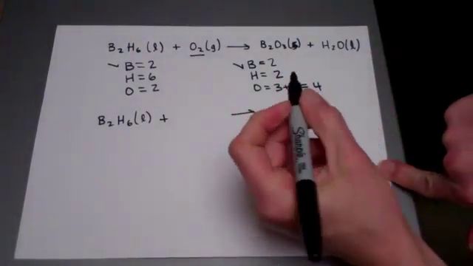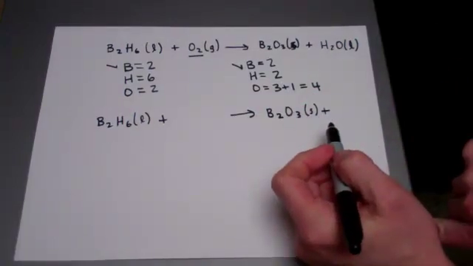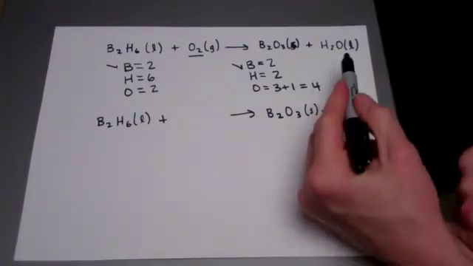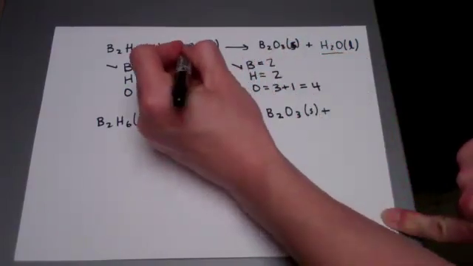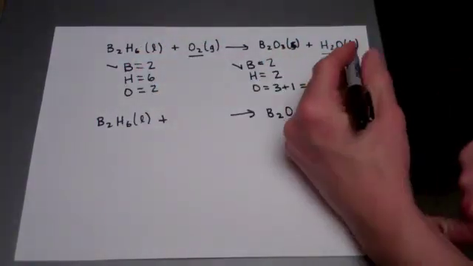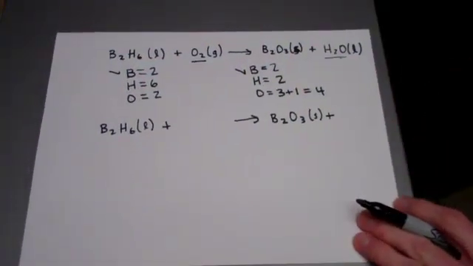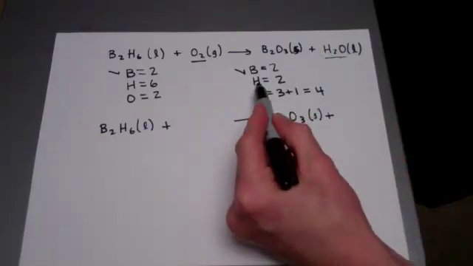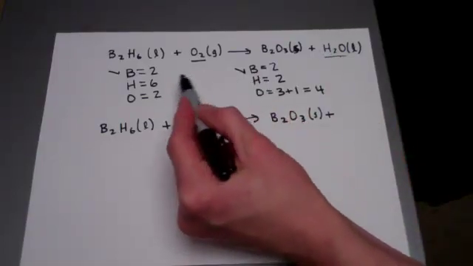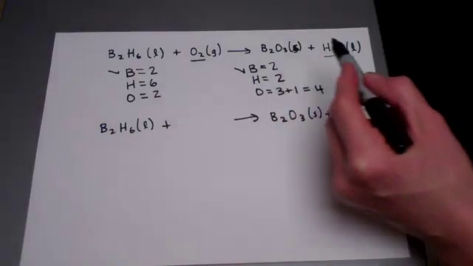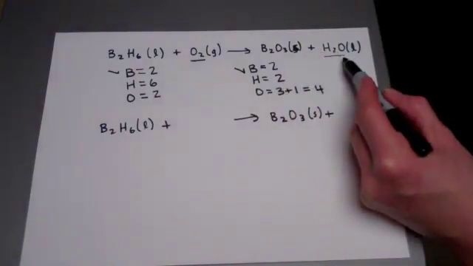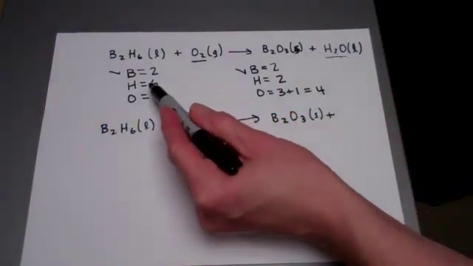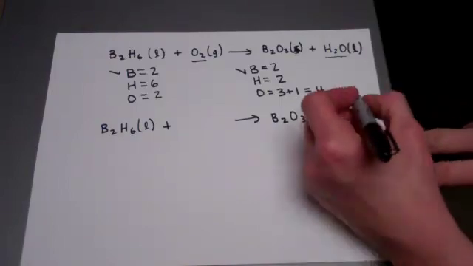The next thing we need to balance is our hydrogens, right? Because this is the more complex compound than that. So let's try to balance this next. If we want to balance our hydrogens, we've got 2 on this side, 6 on this side. So if we have 3 water molecules, that'll get us up to 6 hydrogens. Let's try that.